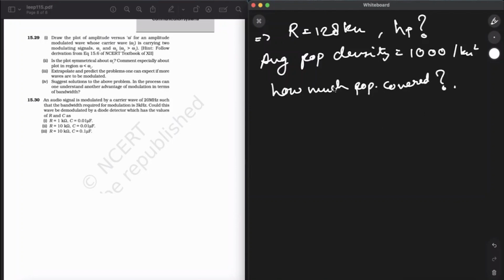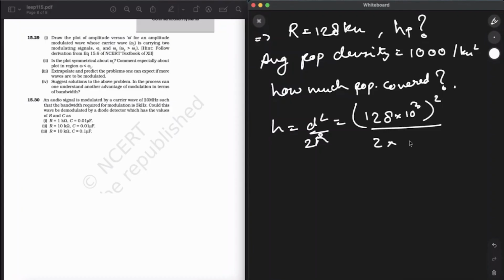This is the question. Now, the height of the transmitting antenna, if you want to find out, it will be h is equal to d square upon 2R. This will be 128 into 10 to the power of 3, that is the radius of coverage given to us, squared, all divided by 2 times the radius of Earth, that is 6400 kilometers, so 6400 into 10 to the power of 3.